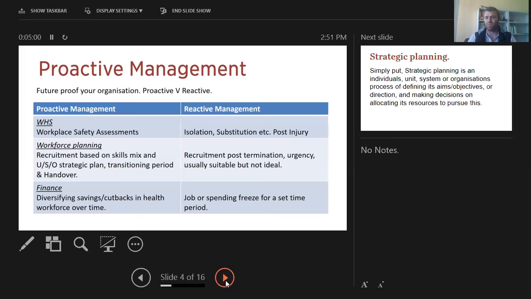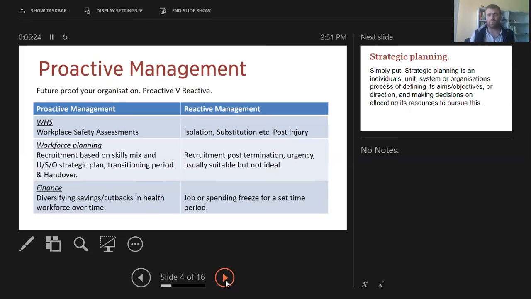That leaves room for a transitioning period between two staff members so they get adequate handover. Nine times out of ten in the health environment, that doesn't happen. It falls by the wayside. A lot of reputation gets damaged because it looks as though the staff at the hospital and the health service don't really know what they're doing.